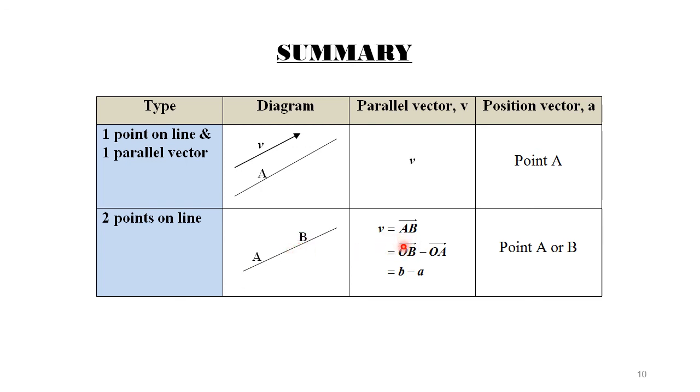So vector AB would be OB minus OA, that is b minus a. And then for the point on the line, since both points are on the line, we can choose either point A or point B. Okay, we should get the same equation, even though we use a different point.